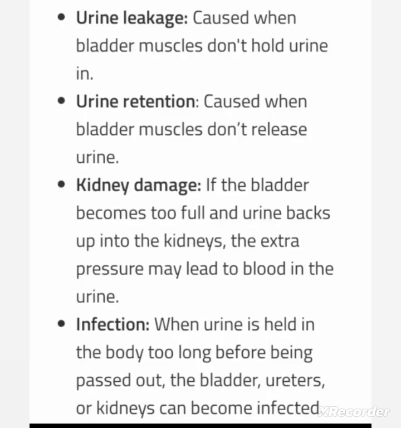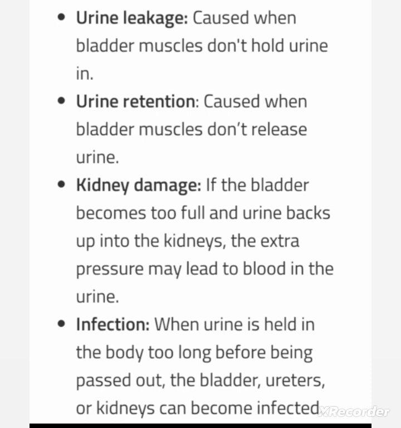The main clinical features that can be seen in neurogenic bladder are urine leakage, then urinary retention, especially in case of flaccid bladder, then kidney damage. The bladder becomes too full and urine backs up to the kidney, and the extra pressure may lead to blood in the urine.